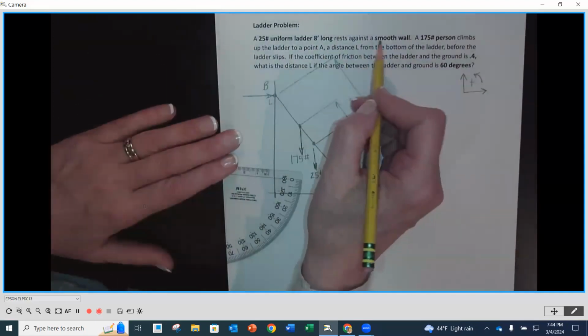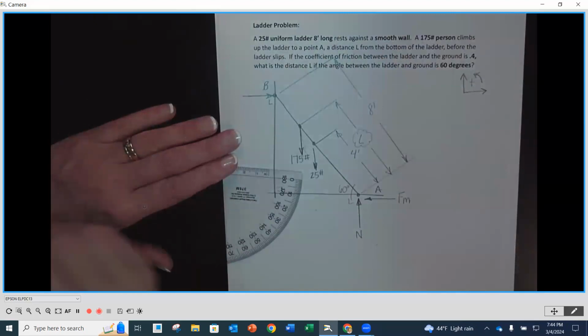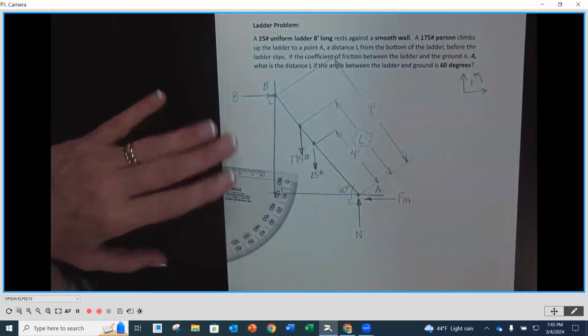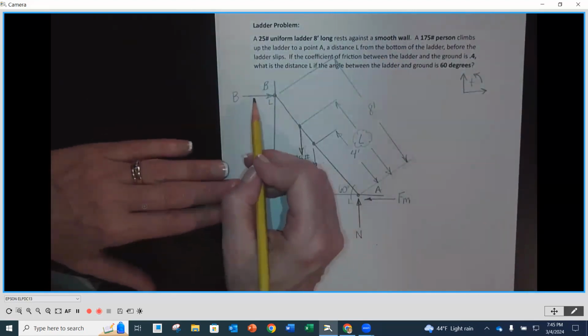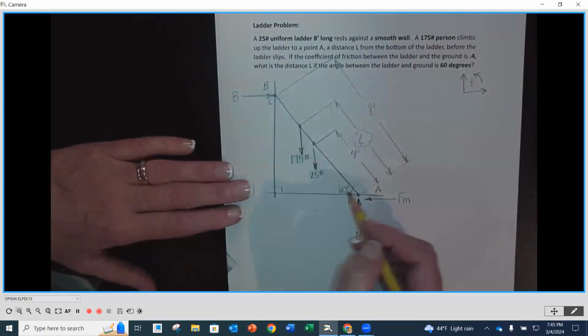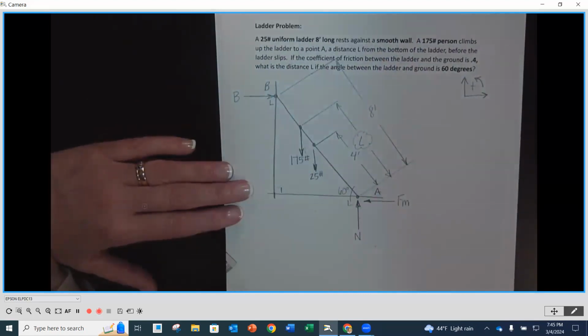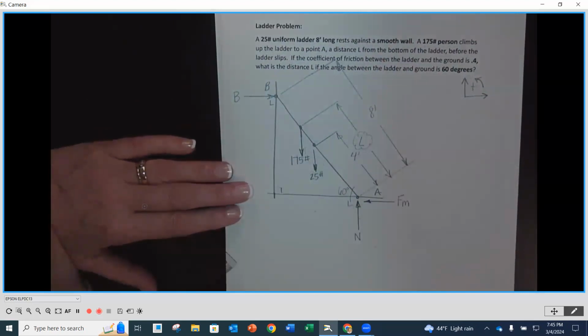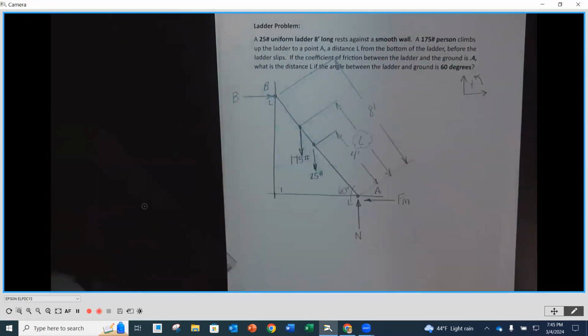But because it says a smooth wall, we're assuming no friction, and we're just going to call that B. So reaction at B, smooth surface. And then we've got the reaction at A, normal with a friction force. And we want to get to what is L.